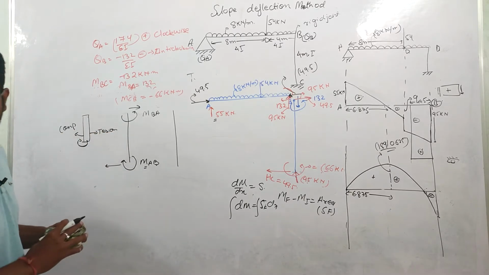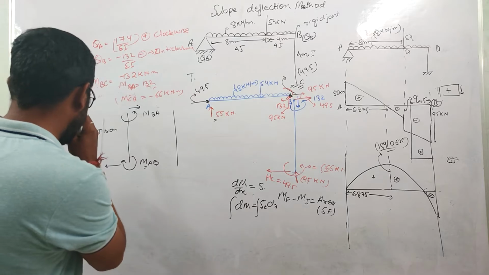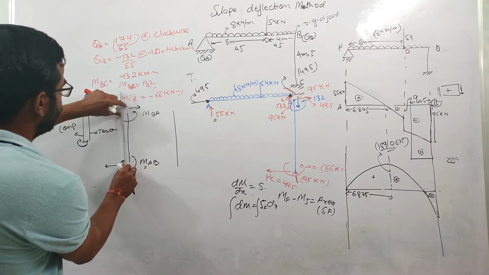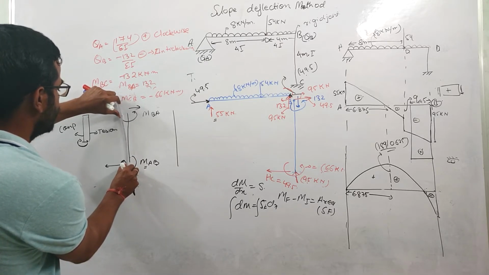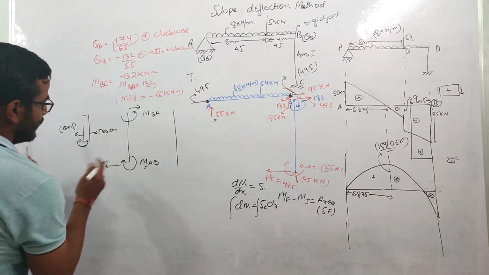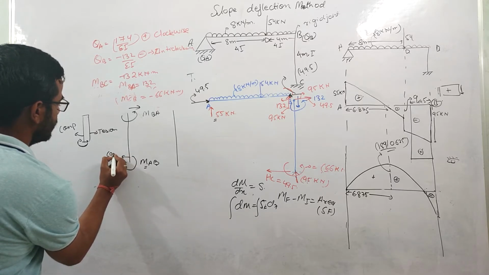Suppose this is a column and there is a moment acting on this beam, so it will try to bend like this. This moment will make the column bend like this, so this face will be in compression.